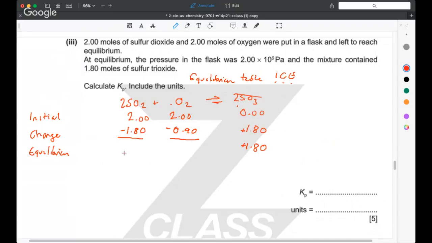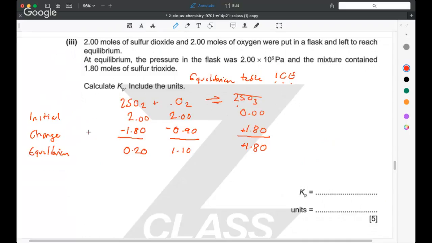So the equilibrium amount of sulfur dioxide is 0.2 moles, and the equilibrium amount of oxygen, doing that subtraction there, is 1.10 moles.